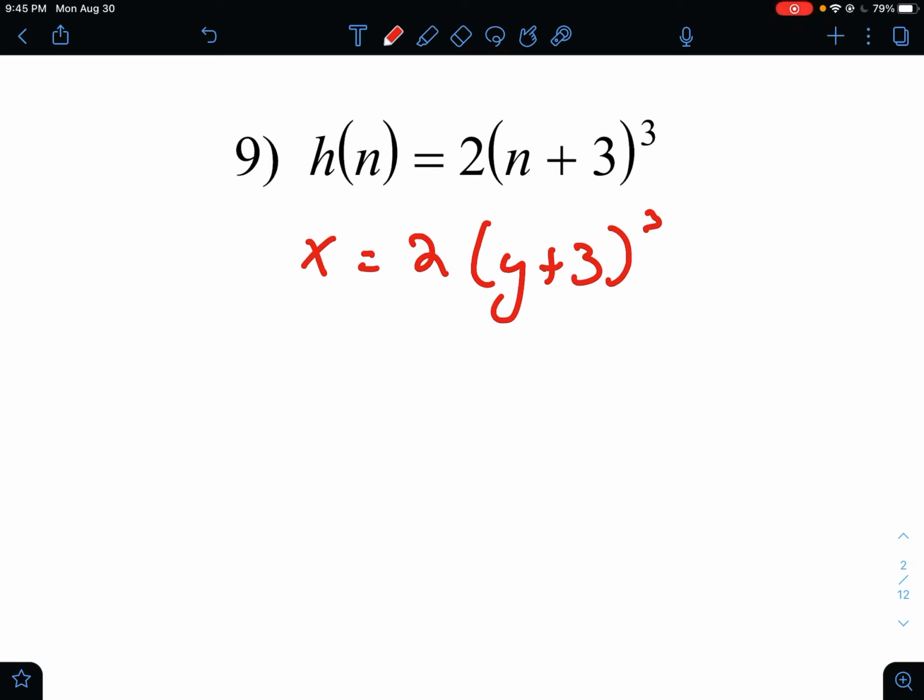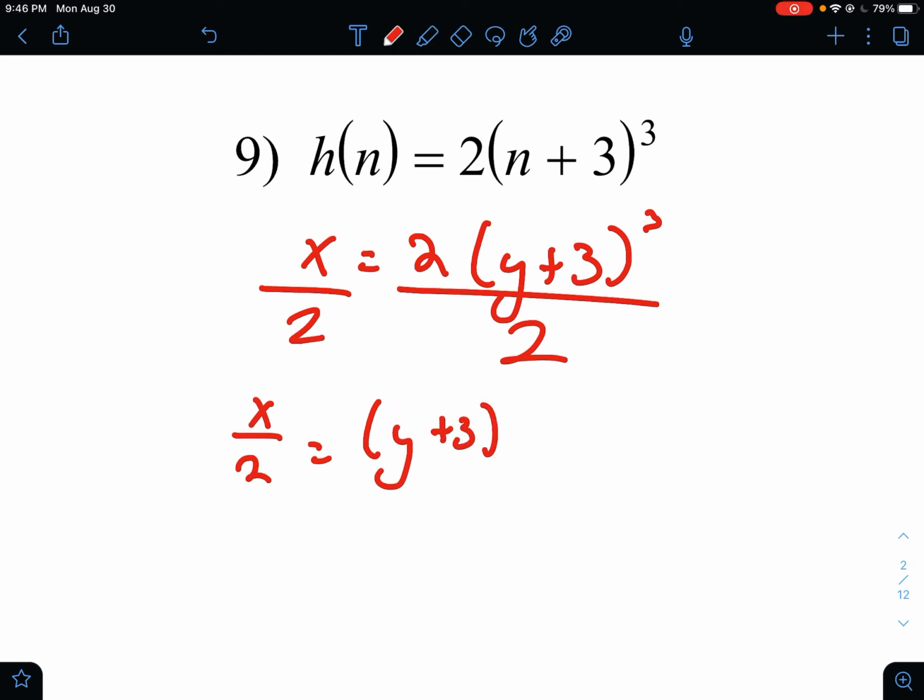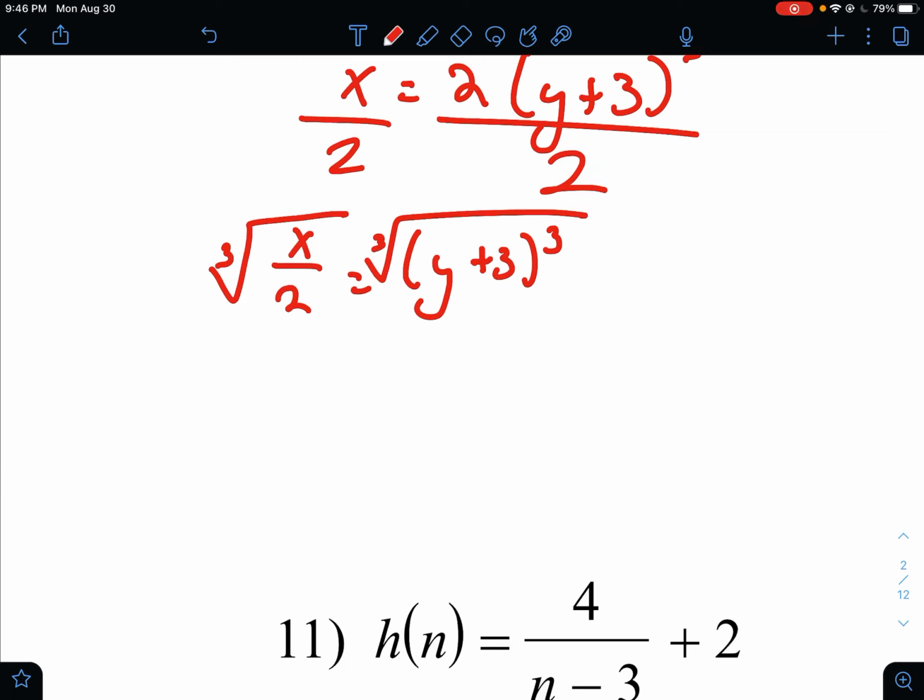All right. So looking at this one, this will probably be another one where the answer key does not match what we get, which is okay. It's equivalent, just doesn't match. So I'm going to go ahead and divide by 2. So I get x over 2 equals y plus 3 cubed. So I'm going to take the cube root of both sides, and I get the cube root of x over 2 equals y plus 3.